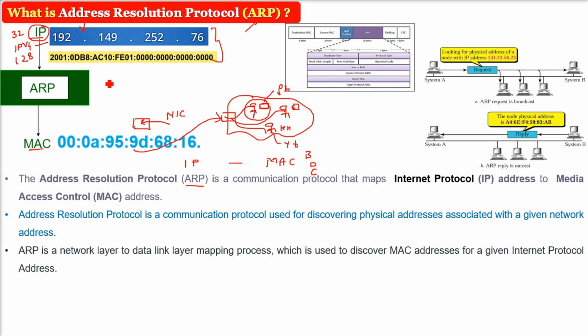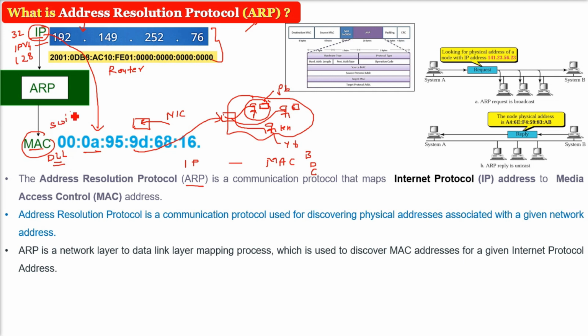IEEE governs these types of numbers, that is, MAC addresses. They know what number is coming from which company, and this is physical, and there cannot be two machines having the same MAC address. So first you have to go to IP, and then you have to find out the MAC address. So the protocol which actually finds the MAC address of the system using the IP address is the address resolution protocol.